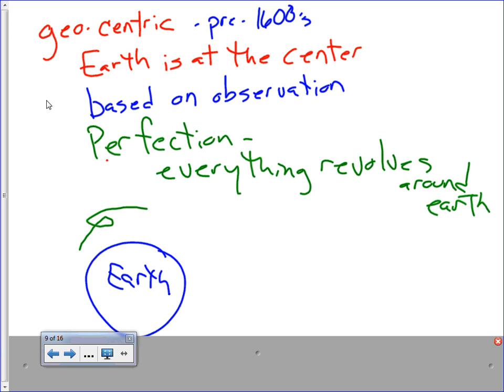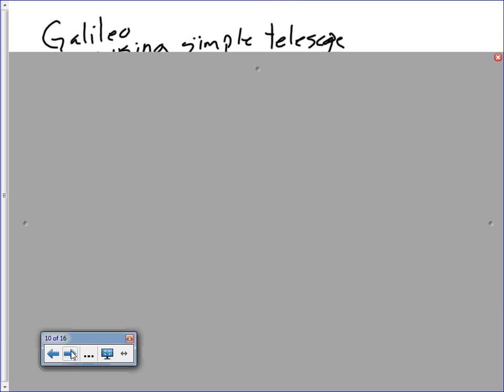So who was it that came up with evidence against this idea? Okay, Copernicus, excellent. So Galileo gets all of the credit for this.